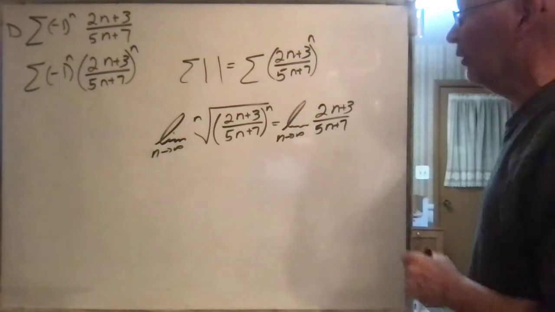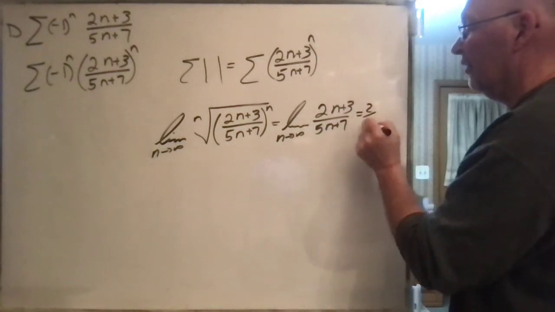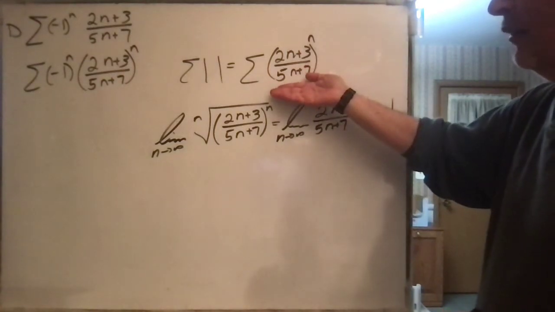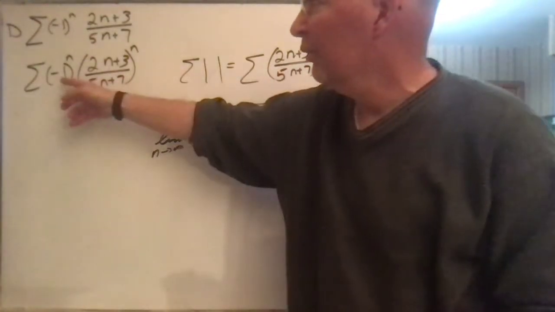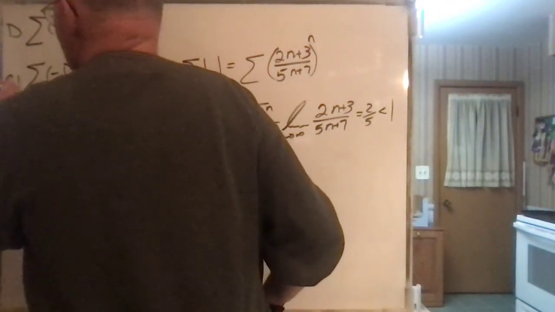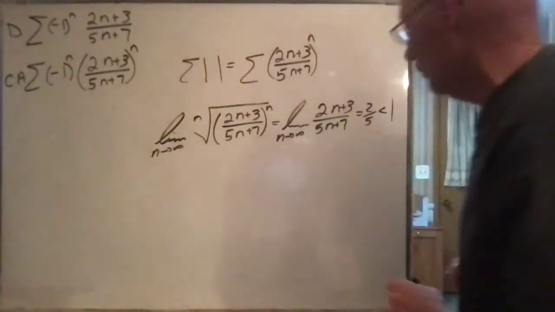That limit there, as n goes to infinity, is equal to 2/5. 2/5 is less than 1 in size, and so this thing here converges. It converges, notice, without the use of the negatives. We didn't have to use that at all, so that converges absolutely. Okay, that's the way that one works.